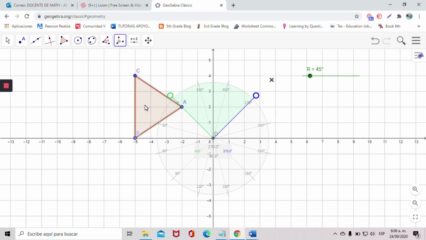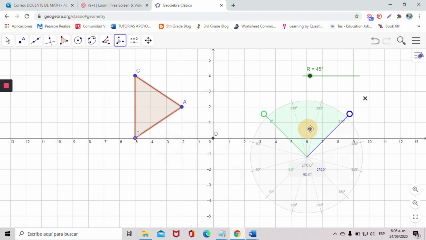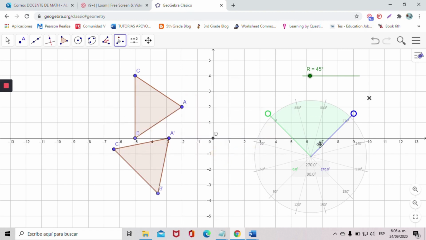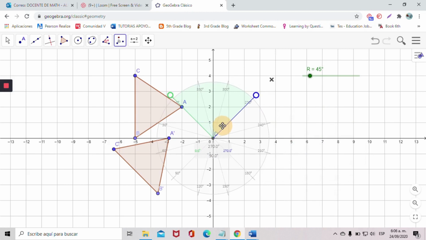I'm going to click here and say I want to rotate it about R. Then I move this back and we are going to see A. It is showing me over here.